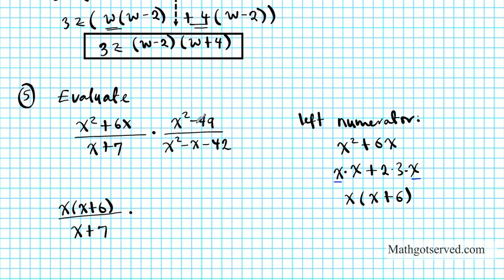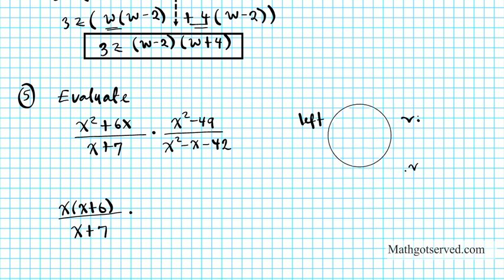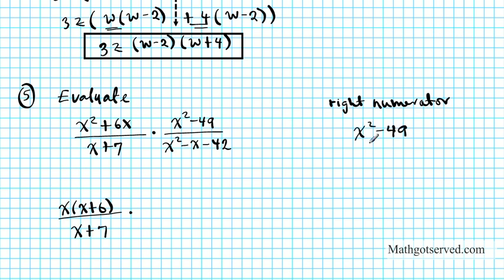Now let's shift our attention to the numerator on the right, so the right numerator, alright? I'm going to erase this so I don't keep scrolling up and down. So the right numerator is basically x squared minus 49. If you examine this, you notice you have a square and a difference sign, so this is a difference of squares.